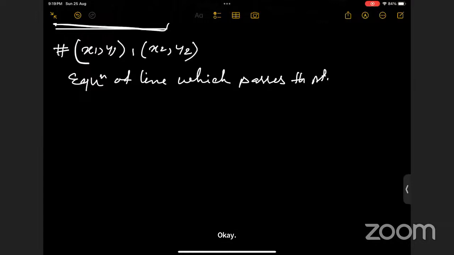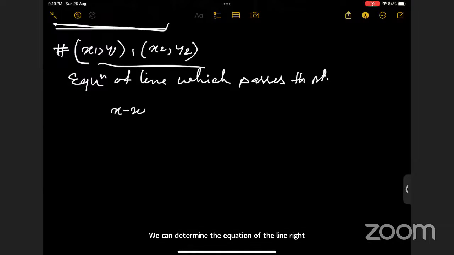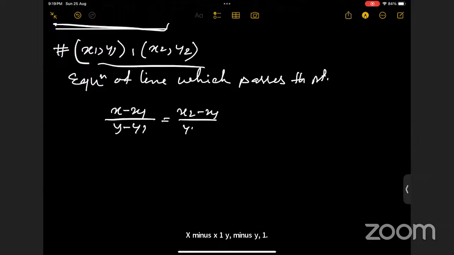Then we have the 2 points form. If we are given 2 points, then we can determine the equation of the line, right? Which is (x minus x1) over (x2 minus x1) equals (y minus y1) over (y2 minus y1). We can rearrange the terms, no problem.